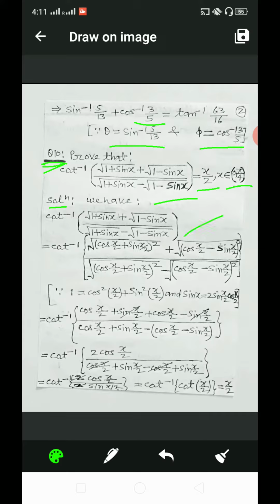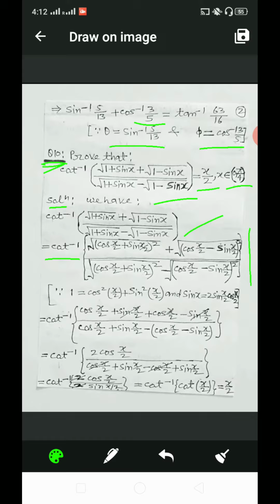This implies cot inverse of (square root of (cos x by 2 plus sin x by 2) whole square plus square root of (cos x by 2 minus sin x by 2) whole square) by (square root of (cos x by 2 plus sin x by 2) whole square minus square root of (cos x by 2 minus sin x by 2) whole square).